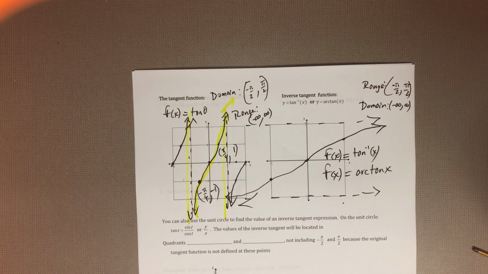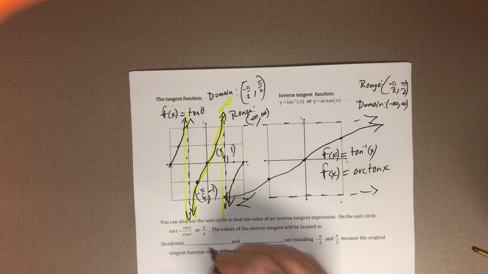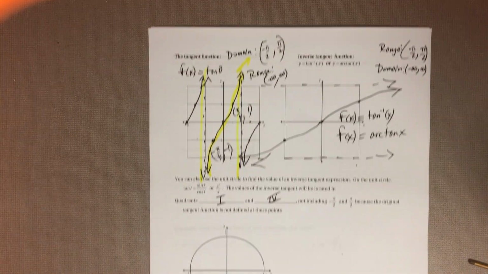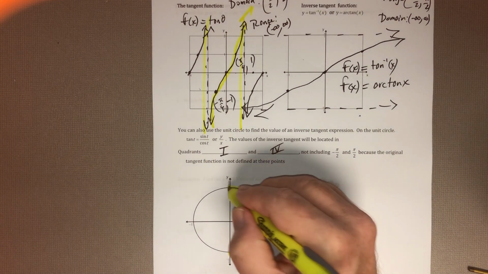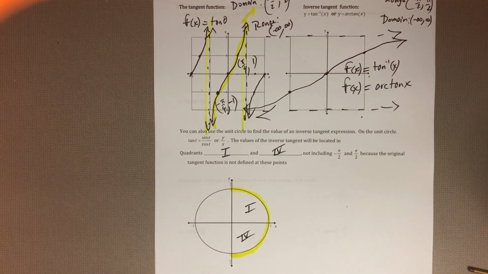And notice that the range comes out of the first and the fourth quadrants, which means if you do an inverse tangent, all of your angles will come out of the first or the fourth quadrant.